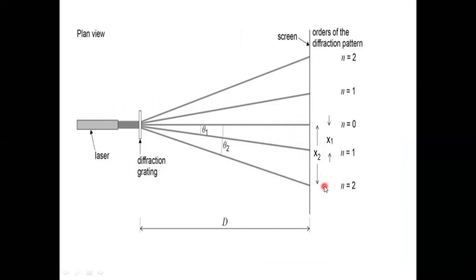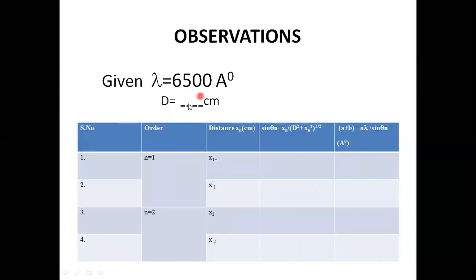So in our experiment, lambda is given to us. We will note the capital D, and this is the observation table. For first order n is 1, for second order n is 2. We will note these four distances: x1, the distance of first order maxima from the central maxima; x1 dash, the distance of first order maxima from the central maxima on the other side of the screen; x2, the distance of second order maxima from the central maxima; x2 dash, the distance of second order maxima from the central maxima on the other side of the screen.